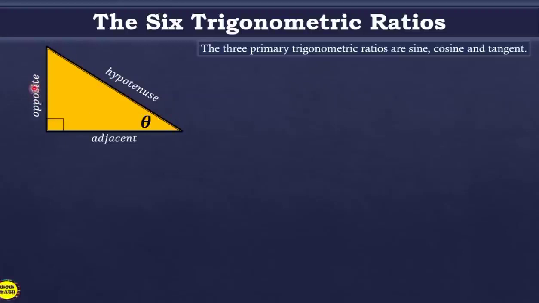And then, this is your opposite, this is your adjacent. Since nandito yung ating theta, so ibig sabihin ito yung angle, opposite ito, adjacent. Okay? So what are the 3 primary trigonometric ratios? We have the sine, cosine, and tangent.